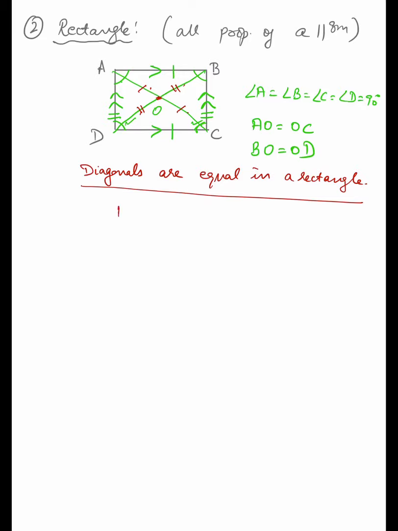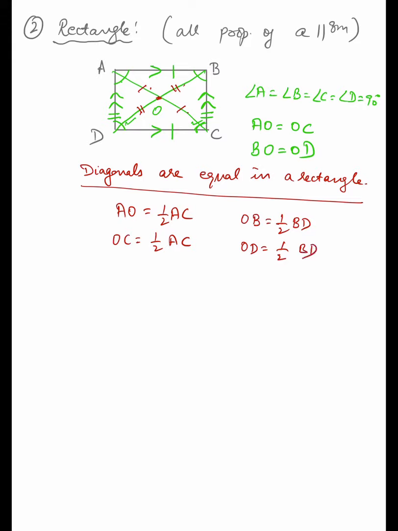That means AO is equal to half of AC. Similarly, OC is equal to half of AC. Similarly, when I say BO is equal to OD, it means O is the midpoint of BD. That means OB is half of BD and OD is half of BD.